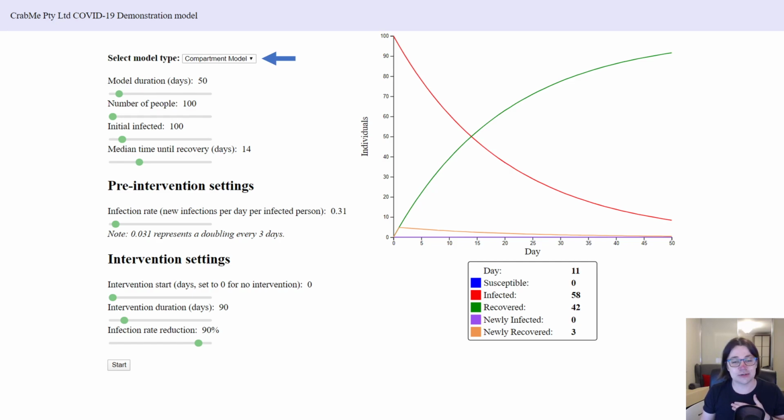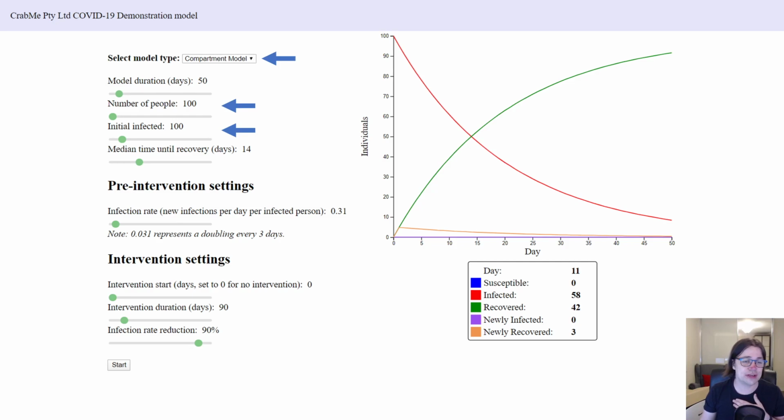To make this system only demonstrate the rate at which people recover from their infection, we set the model duration to 50 days, the number of people to 100, and the number of infected people to 100.